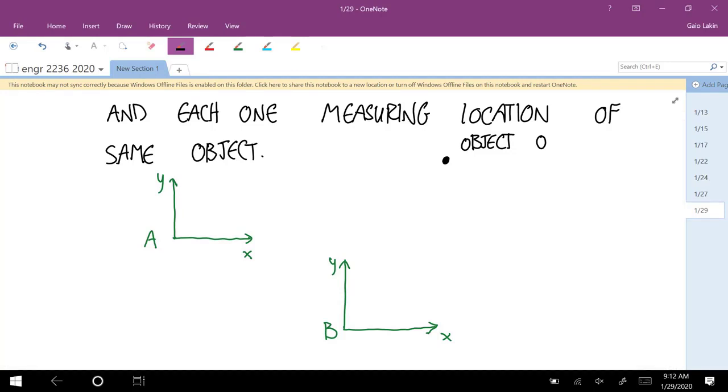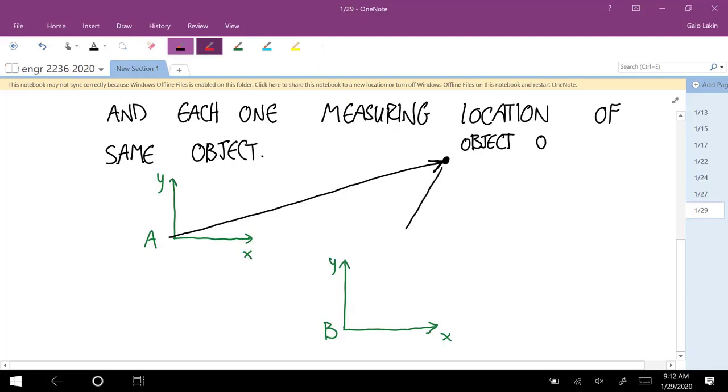Okay, the position vector is a vector from the origin to the object that you're tracking, or the point of interest. So this is the position vector of O according to this A coordinate system, and this is the position vector of O according to the B coordinate system.